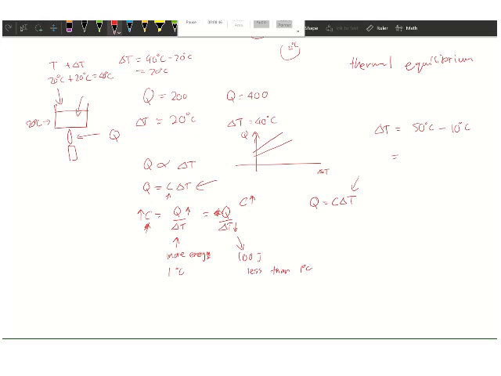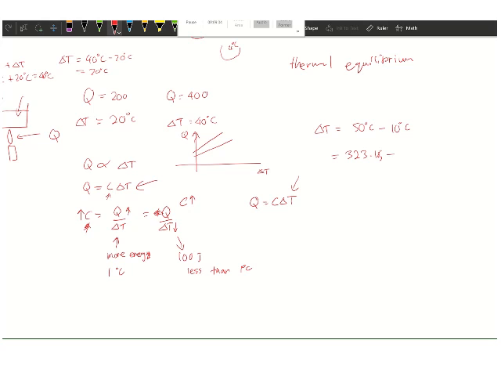So if I were to convert this into Kelvin, 273 plus 50 gives 323.15, and then this one, minus 283.15. Then if you subtract these two, it still gives you 40 degrees. This is the same thing.